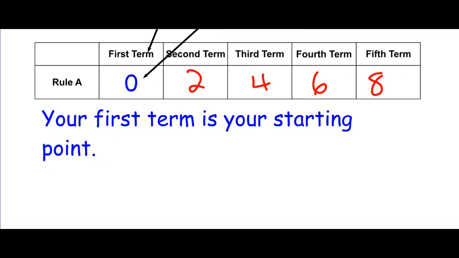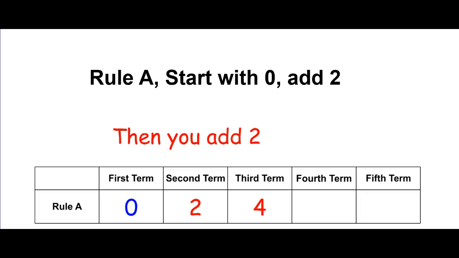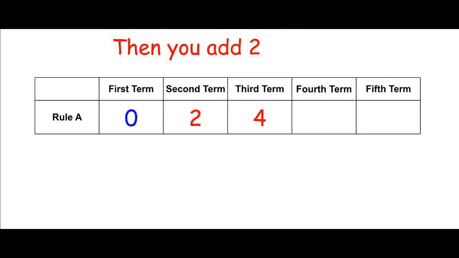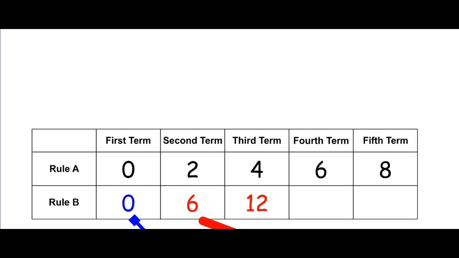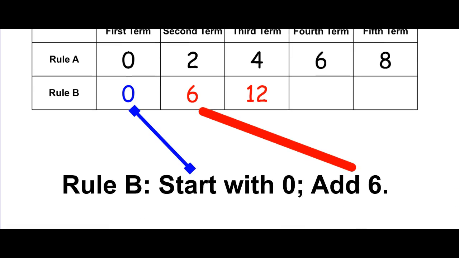Then we have our second rule. It was start with 0, add 6. So 6, 12, 18, 6 more is 24. Okay.